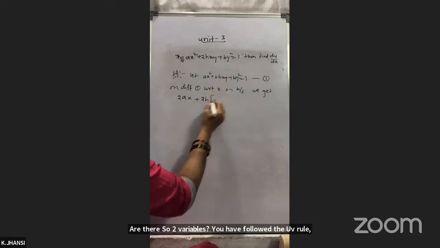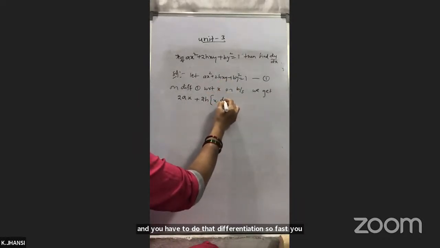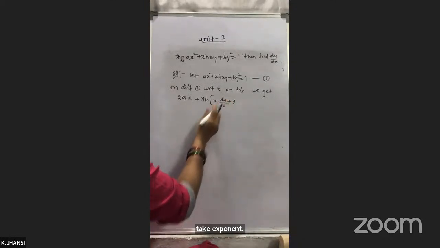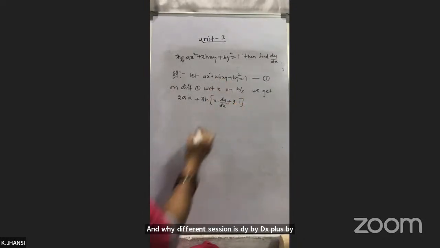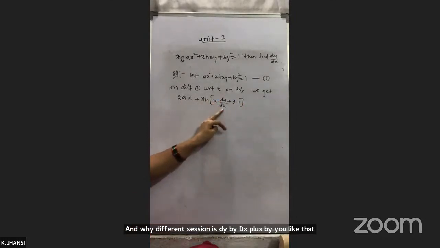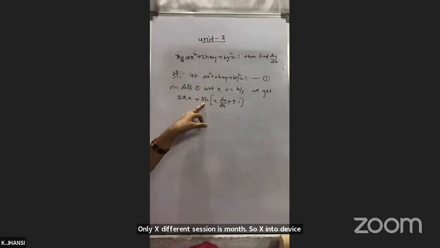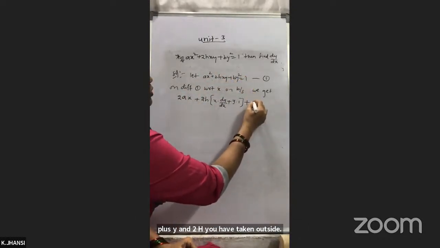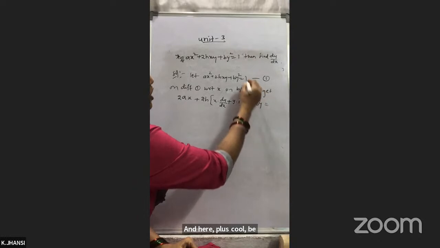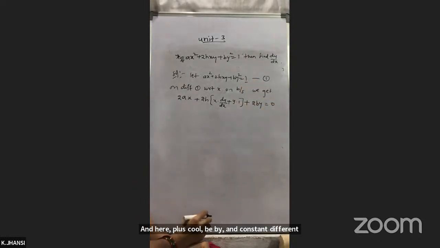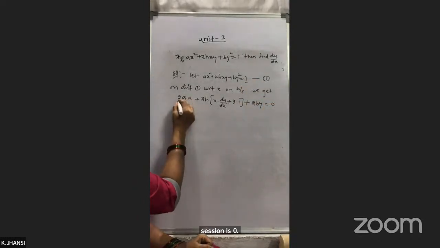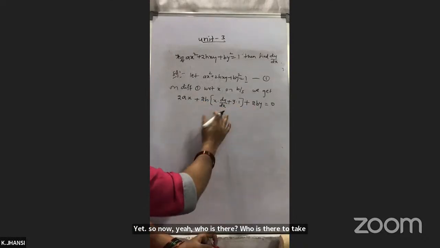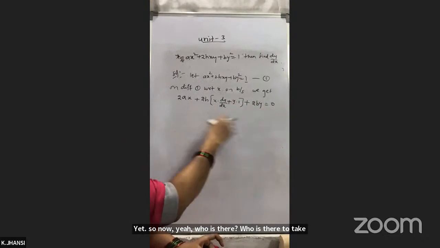First you take x constant, and y differentiation is dy by dx, plus y you keep like that, and x differentiation is 1. So x into dy by dx plus y, with 2h taken outside, and here plus 2by, and the constant differentiation is 0. Now here 2 is there, 2 is there, 2. You take the 2 common from all these 3 terms and take it to the right hand side, and it will become 0.